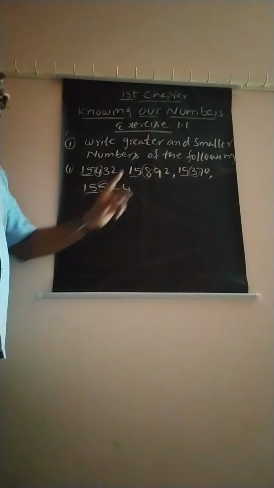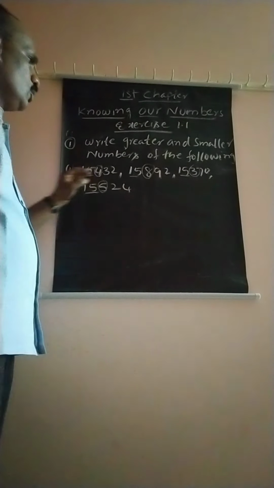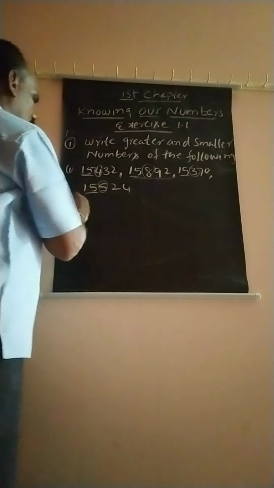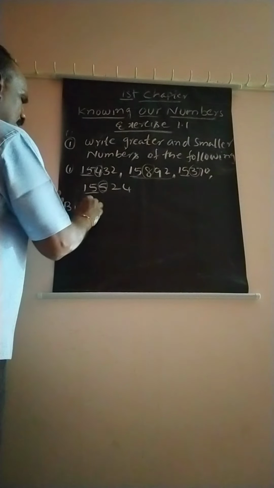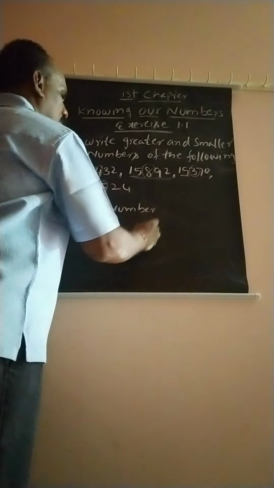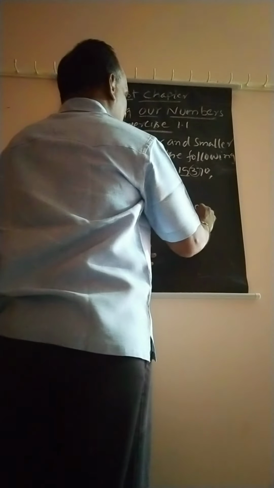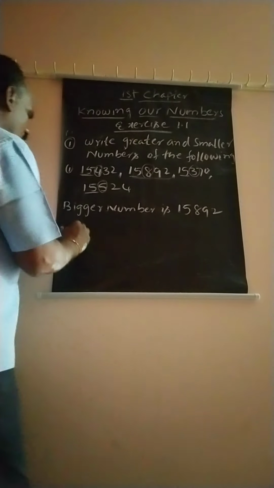Which one is bigger? 8 is the bigger, in the third place. So this number is bigger. The bigger number here is 15892.